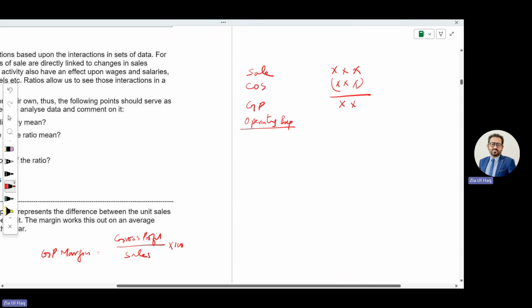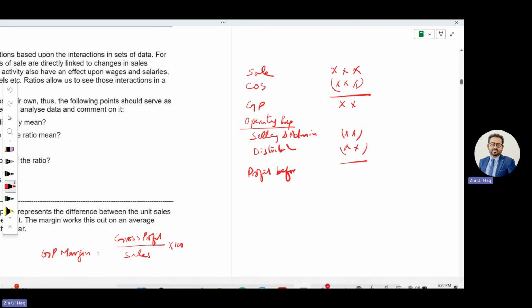What are the operating expenses? Selling and administration expenses, or we can say distribution expenses, advertisement, etc. We arrive at profit before interest and tax.